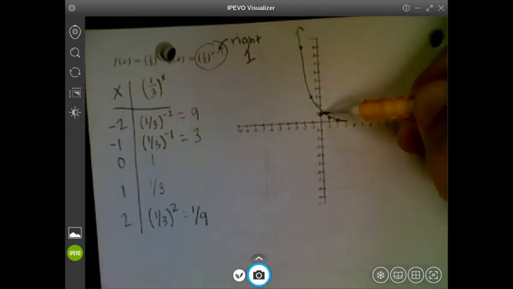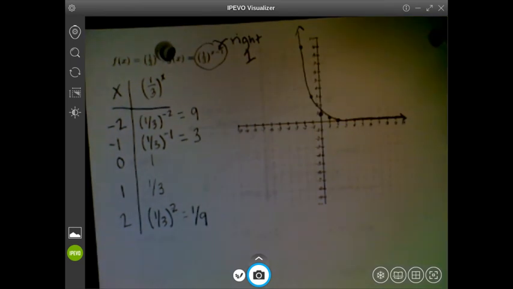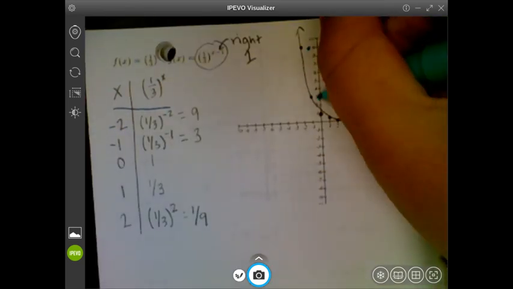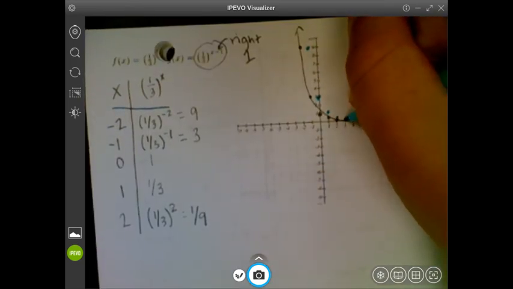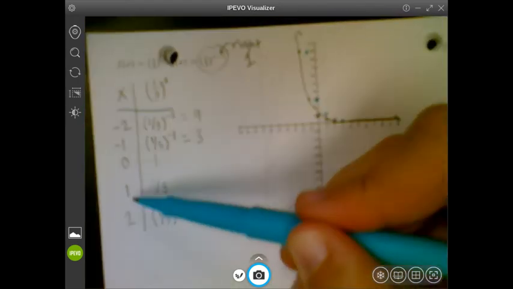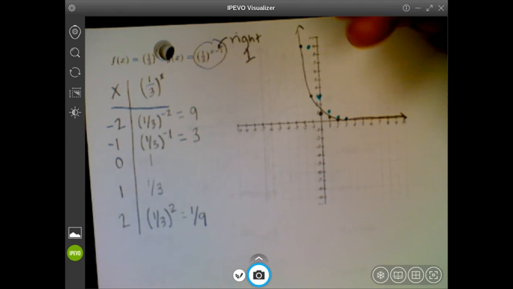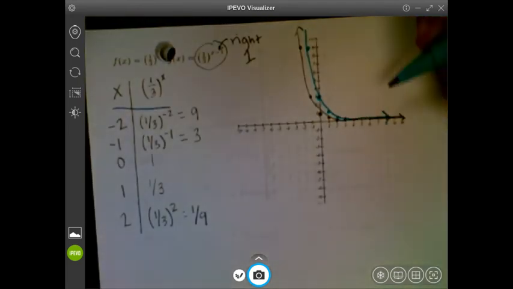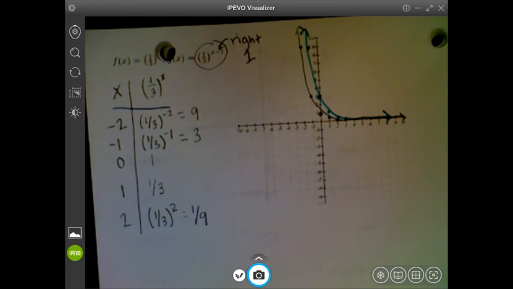And so what you're going to do is shift all these points right 1. You can either do that on the graph, or you could do that in the table. You would take all these points and just add 1 to them, and that would end up with this new graph. And so that would be the graph of 1/3 to the x minus 1.